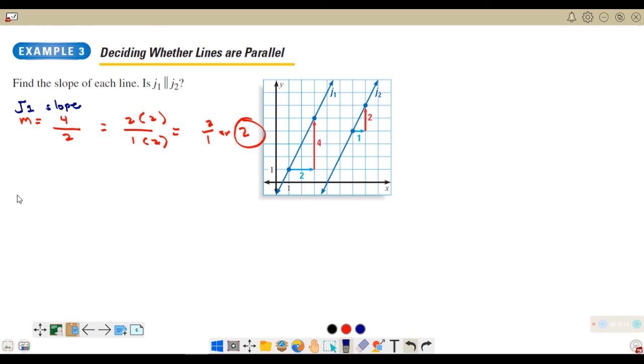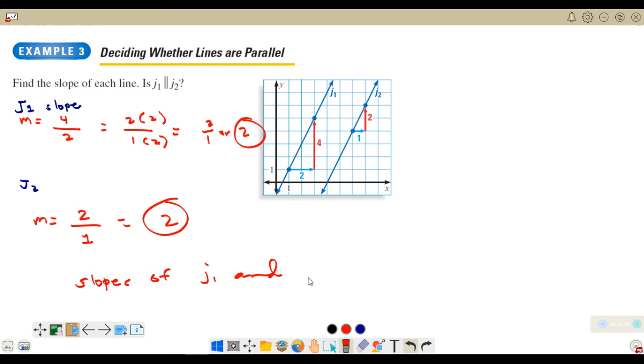Paano naman si J sub 2? Si J sub 2 ay may slope na rise ay 2 at run ay 1. 2 divided by 1, 2 rin siya. So, the slopes of J sub 1 and J sub 2 are equal.